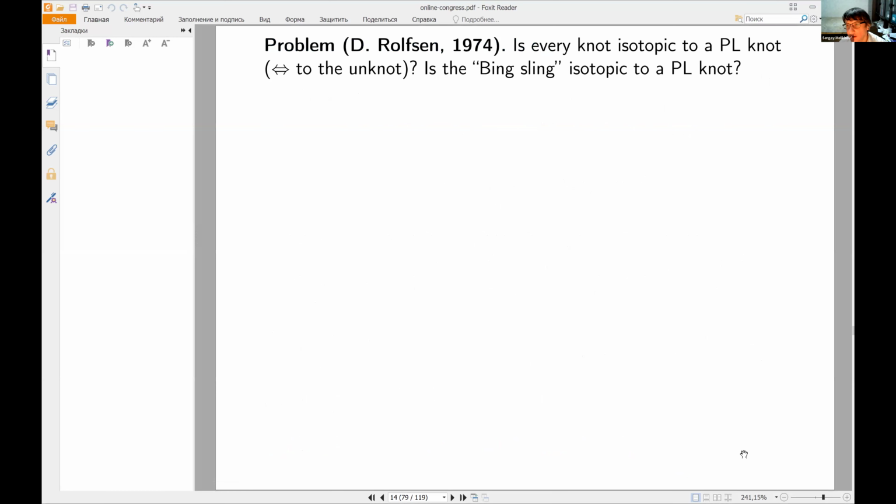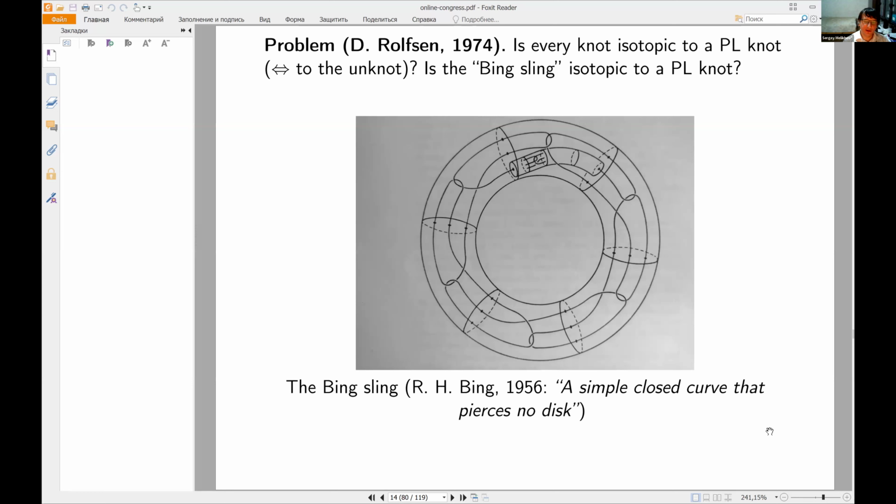Is every knot isotopic to a piecewise linear knot, or equivalent to the unknot? In particular, is the Bing link isotopic to a PL knot? The Bing link is the following wild link constructed by Bing. It's an intersection of a nested sequence of solid tori. So you see a big solid torus.